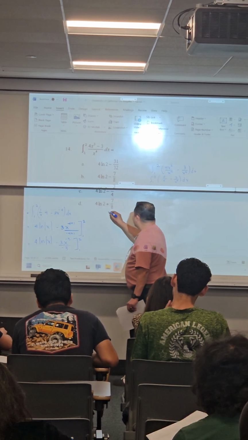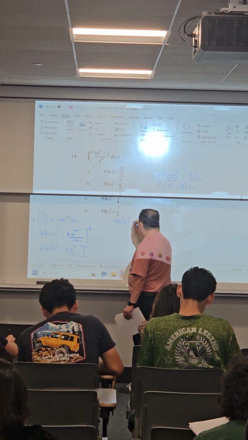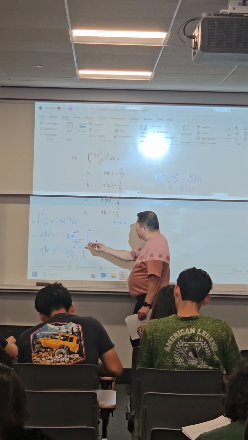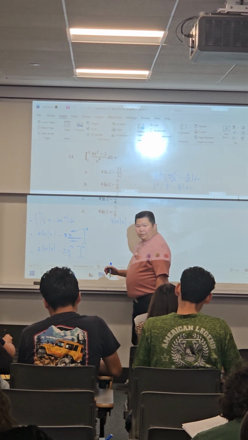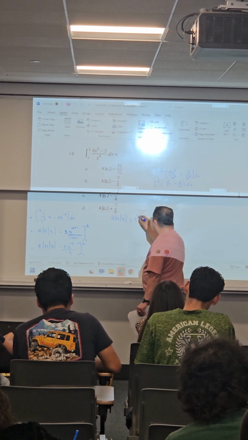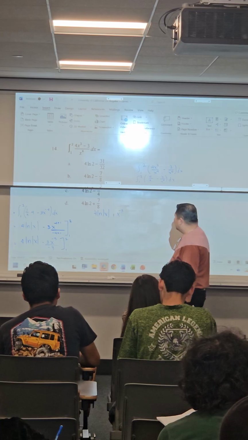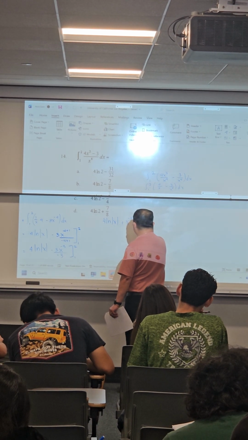And we have 4 ln x plus, can we bring this down now into 1 over x cubed? Or you want me to write it like this first before you put it down? Okay. Evaluate it from 1 to 2.